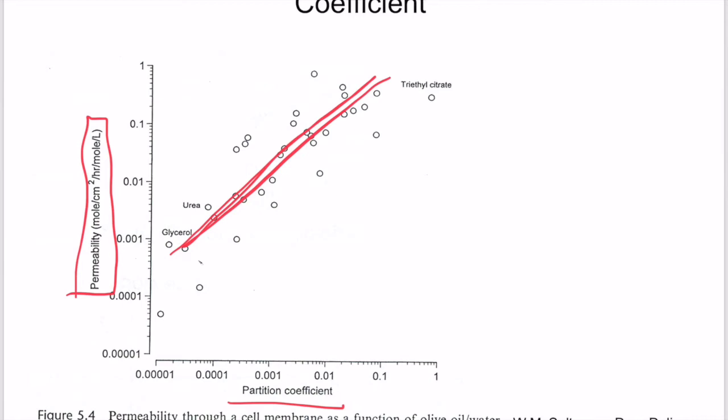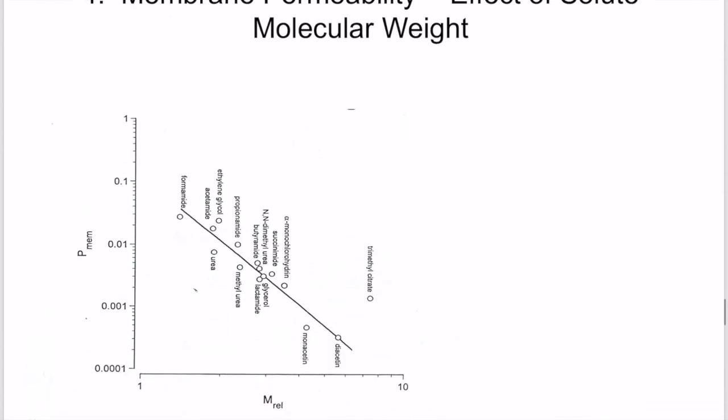Right. From this, the slope is around 1. That means, since it's log-log, that the permeability is proportional to the partition coefficient to the power of 1, which is basically what we saw with our previous equation. Just kind of proving it.